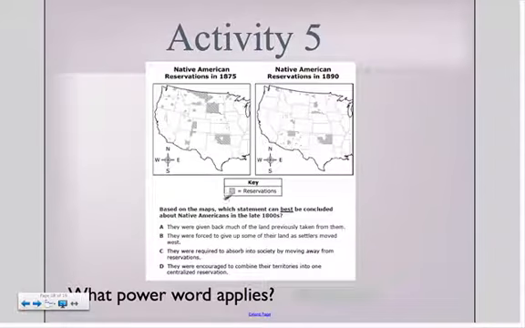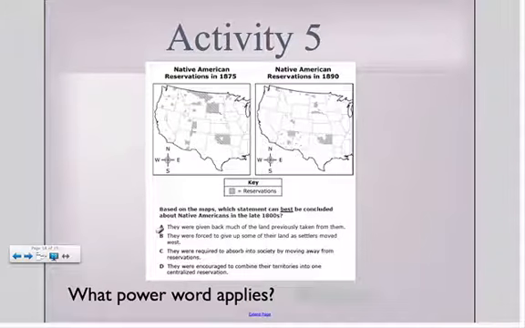And last but not least, which power word is this question? Compare.